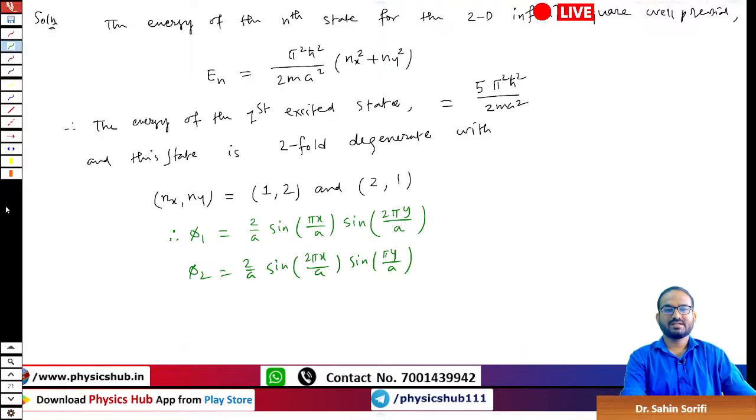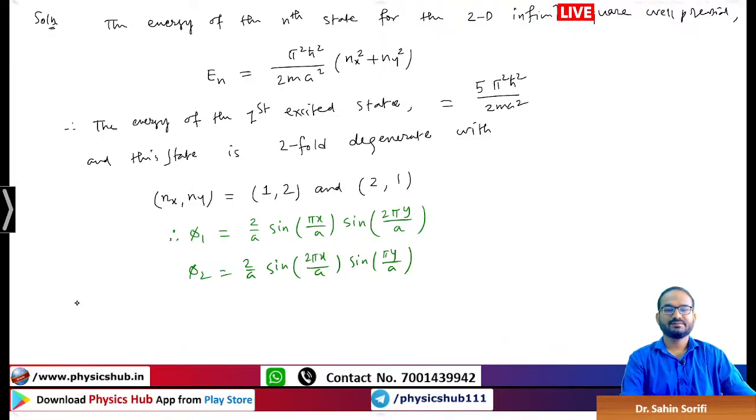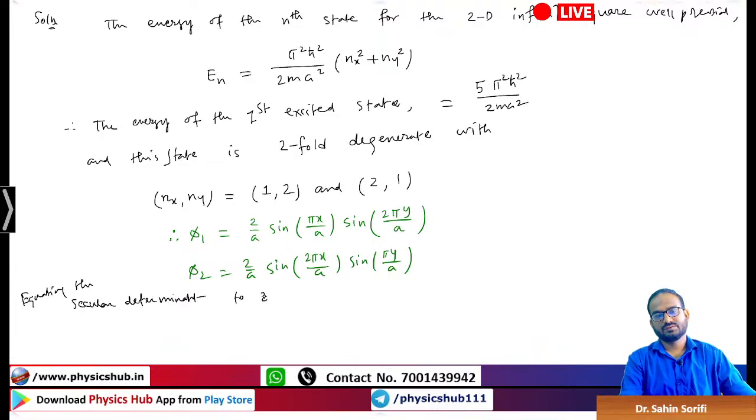So we will construct the secular determinant now. What will be the secular determinant? Equating the secular determinant to 0, we get, look, it is h11 prime minus e1 first, okay, let's denote it by e prime.